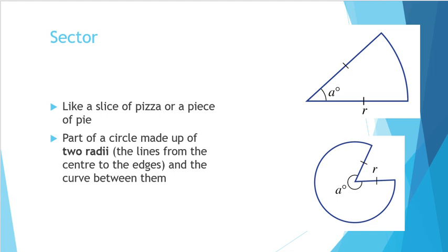So we'll start off with step one. What's a sector? You can think of it like a slice of pizza or a slice of pie. It's a part of a circle pretty much. If you were to draw a circle, you're just looking at one section of it. So this section right here. That's mainly it.